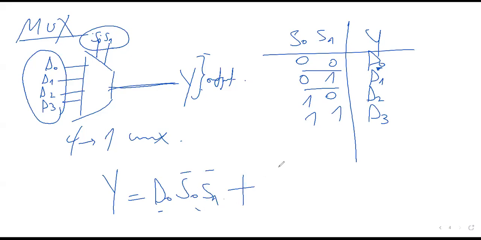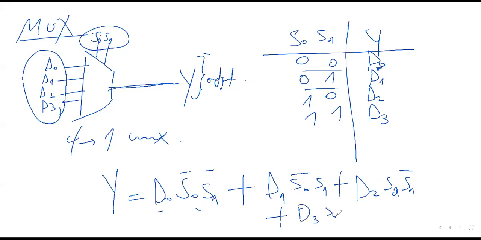Plus, I get D1 when the selectors are 0, 1. So this is D1 S0 bar S1, plus D2 S0 S1 bar, plus D3 S0 S1 with no bars.